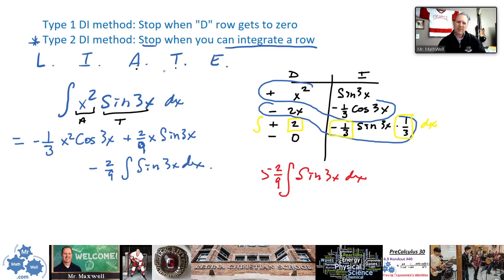So this one, we're really not saving ourselves much time with type 2 here because we have to find the integral anyways. But you can see how this is going to get to the same answer as if we filled in this last piece of this last row here. So I want to go ahead and evaluate this integral. Okay, so I'm going to leave all this stuff here.